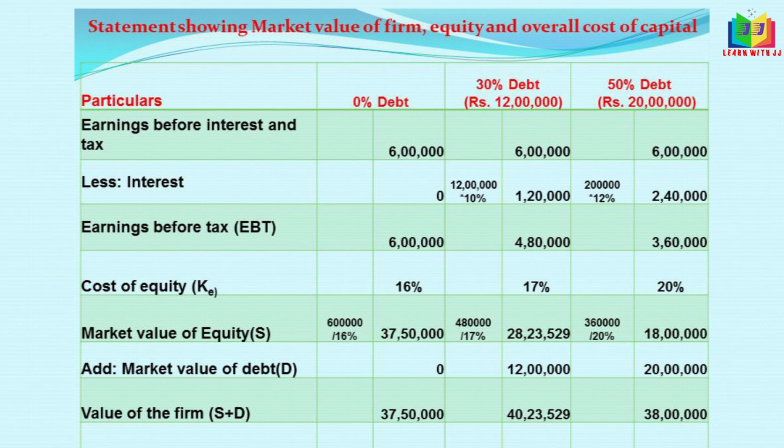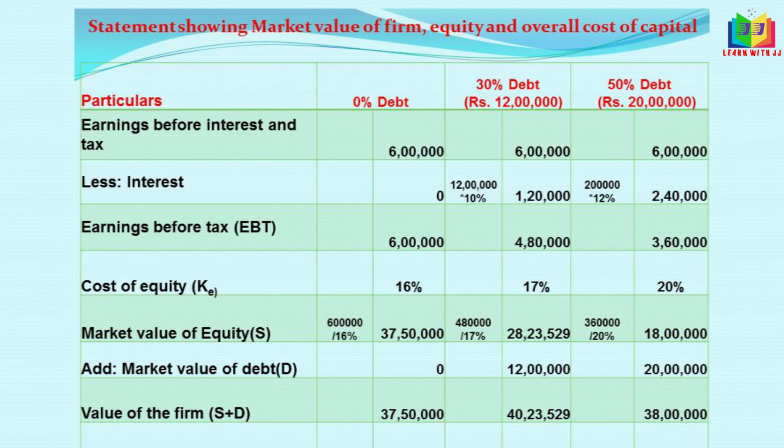For the second one, if we add S and D, we'll get 40,23,529. And for the third one, S is 18 lakh and D is 20 lakh. If we add that, we'll get 38 lakh.